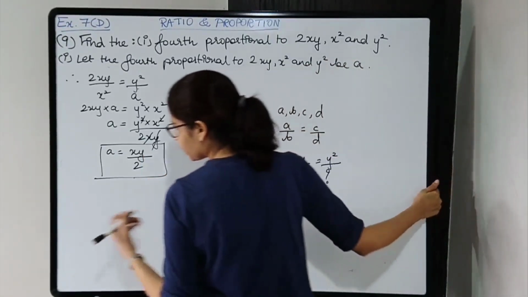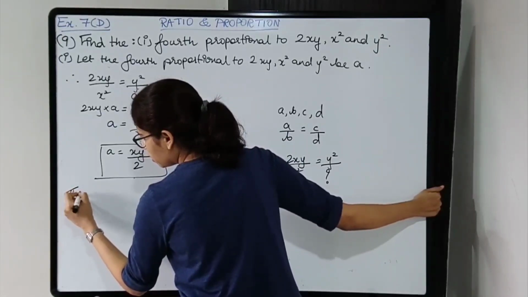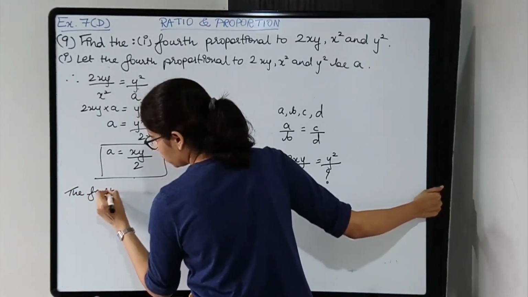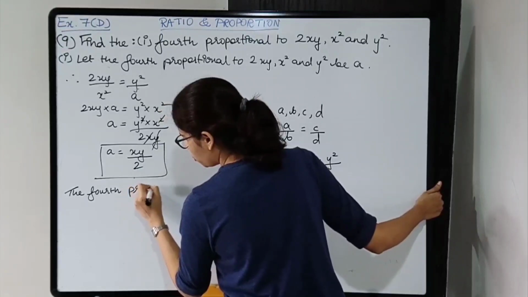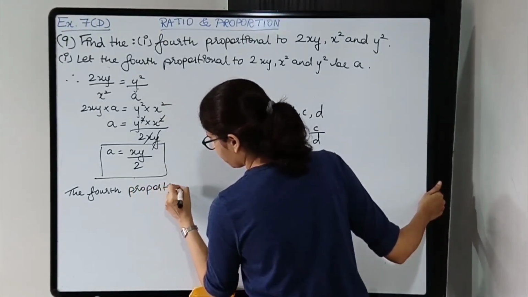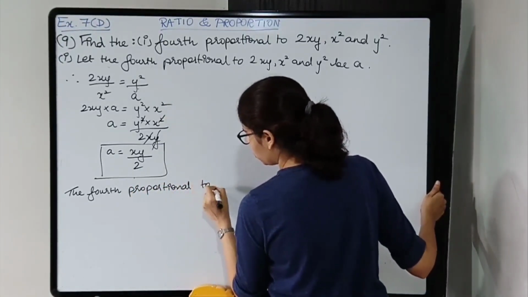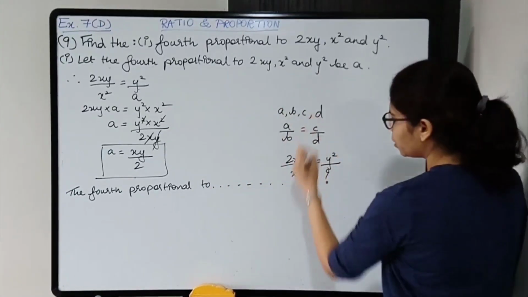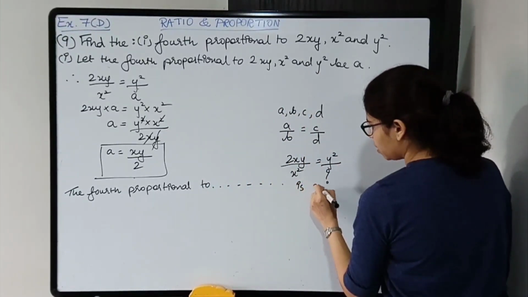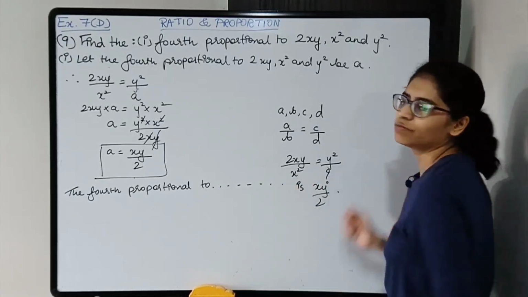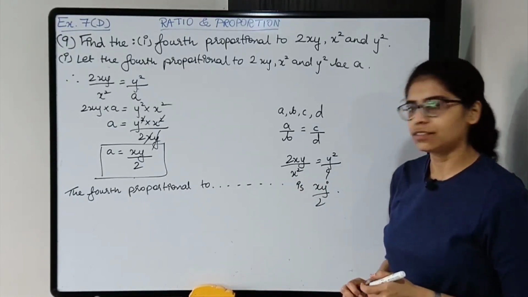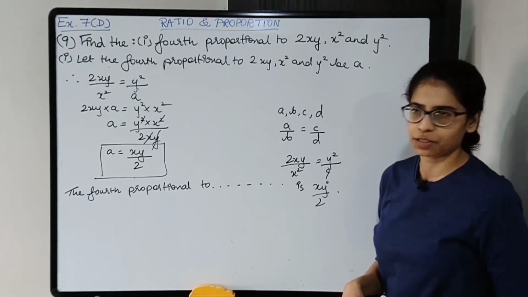So write down the final statement. The fourth proportional to, write down all the terms, is xy upon 2. Don't forget the statement, last ka statement.